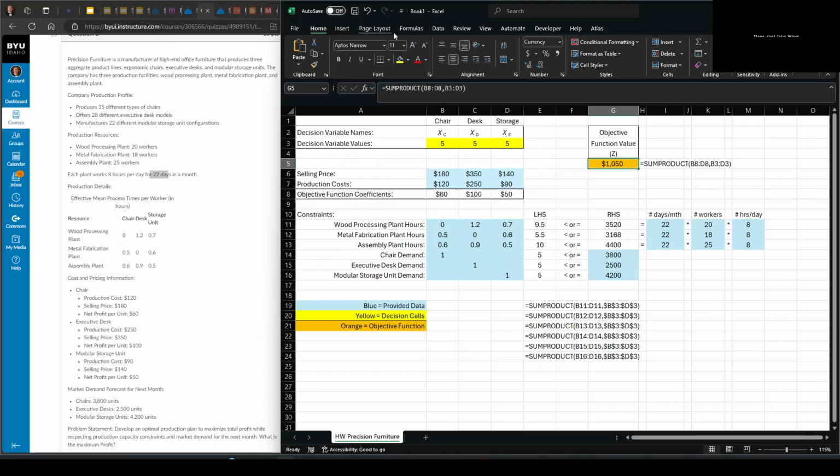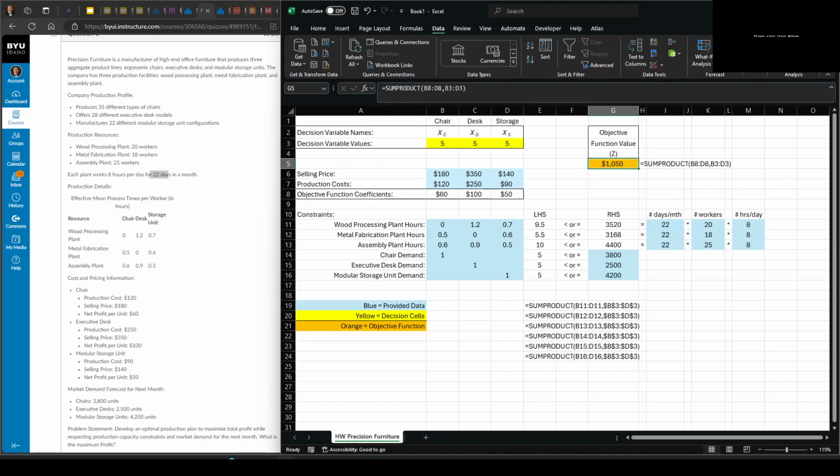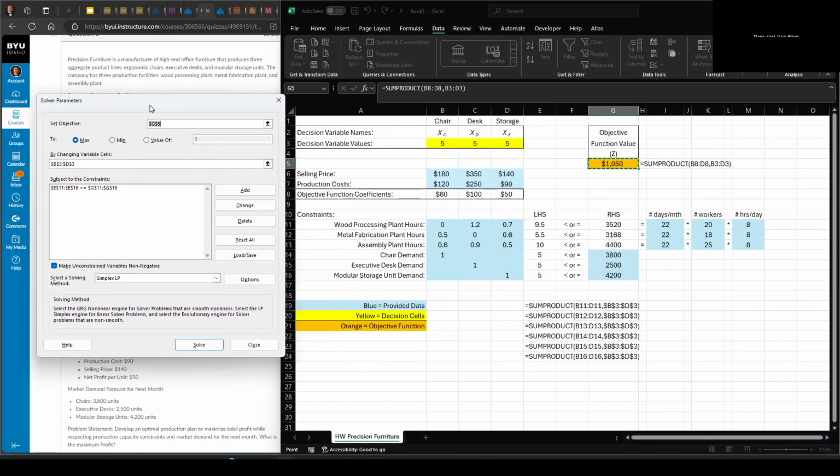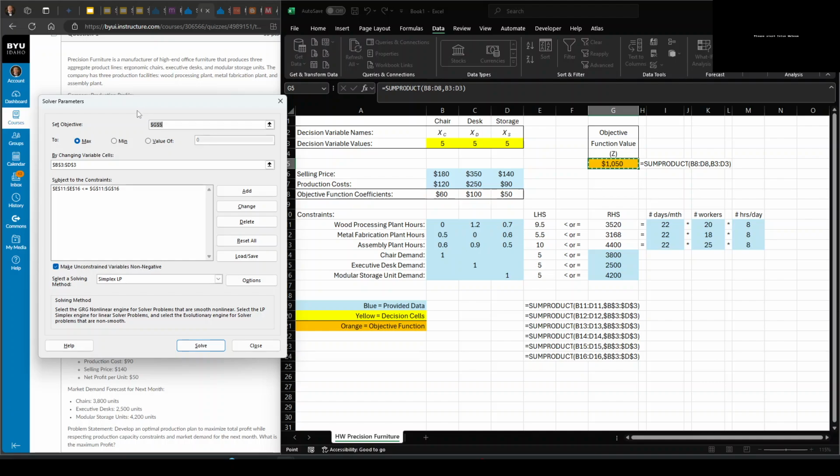I think we're ready for solver. I'm going to pull up my solver on the data tab. And there's solver. Again, if you don't have solver showing up on the data tab, that means that you need to add it in. When I click on solver, here is the solver parameters window. I'm going to set the objective cell to be the objective function value, which is G5 in my case.